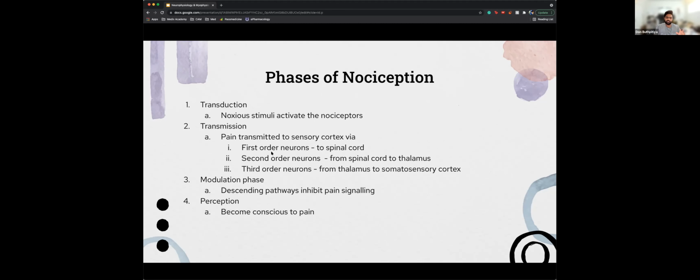The difference is basically that pain transmission decussates, so it crosses sides at the level of the spinal cord. Unlike the DCML, it won't be at the medulla, it will be at the level of the spinal cord. Then we have the modulation phase, where we have the descending pathways inhibiting signaling. And then finally perception, where if we're burned or something, we become conscious of that pain.